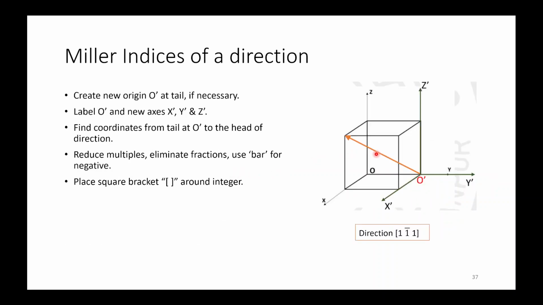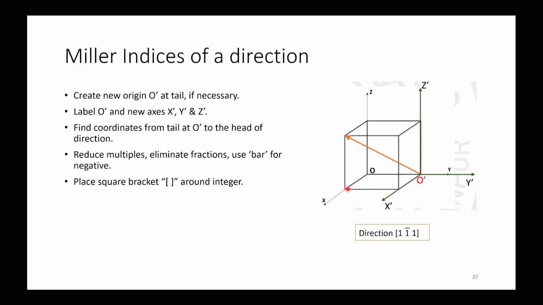In case of direction, you have to just follow how you are getting to the end point. For example, you are starting here, so how much you are moving in the x direction, however you are moving, you have to put it in the x part. For example, you are moving in the positive direction for 1, so here you are moving one step.